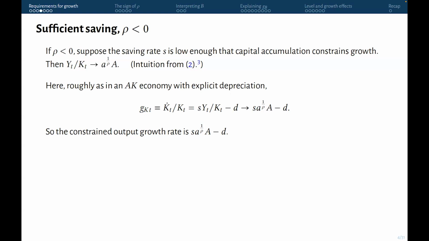Well, in that case, the output to capital ratio is going to go to this constant. It's kind of like we're in an AK economy.